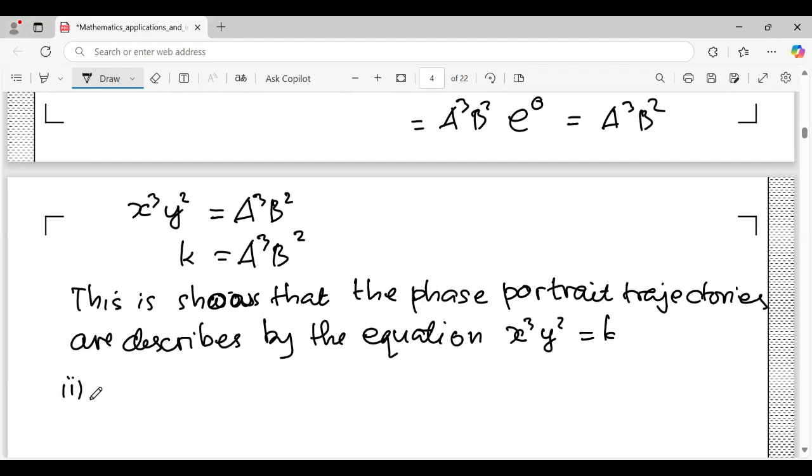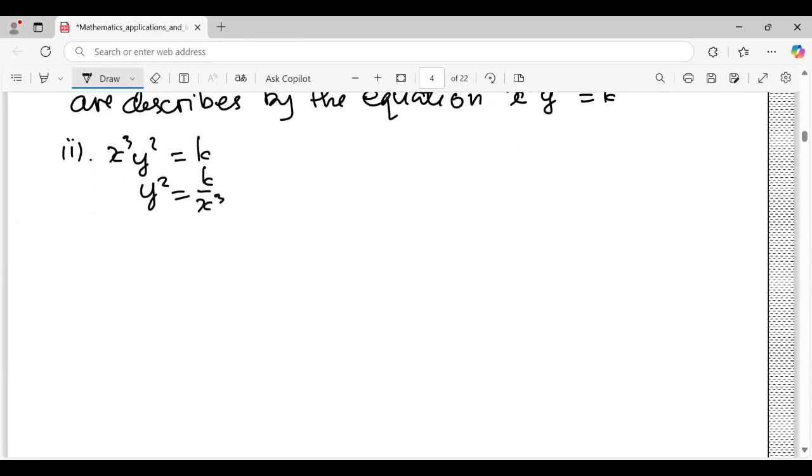Second, we are going to sketch x cubed y squared equals k, or y squared equals k over x cubed, and y equals the square root of k over x cubed.